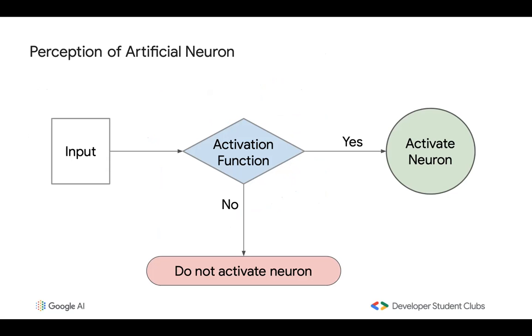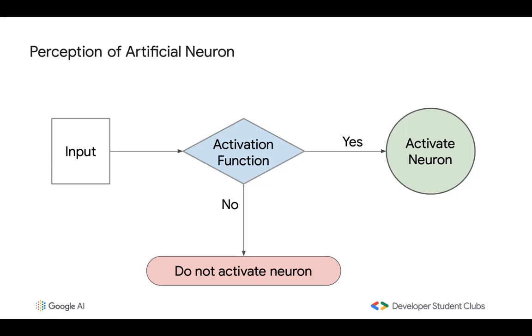In programming, you can say if x greater than 0, print out hello world. What that statement does is it looks at x's value, sees if x is greater than the value we said, so x greater than 0. If x is a positive number, it prints out hello world. That's essentially what the activation function does.